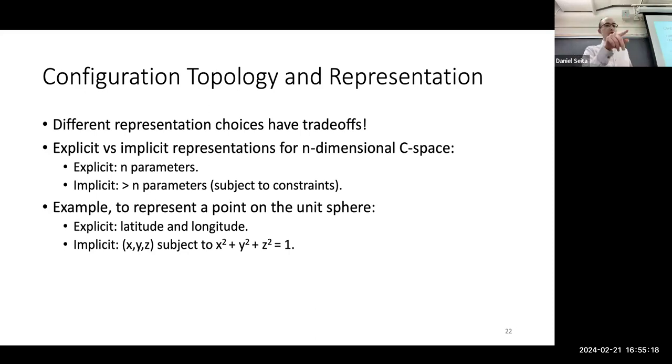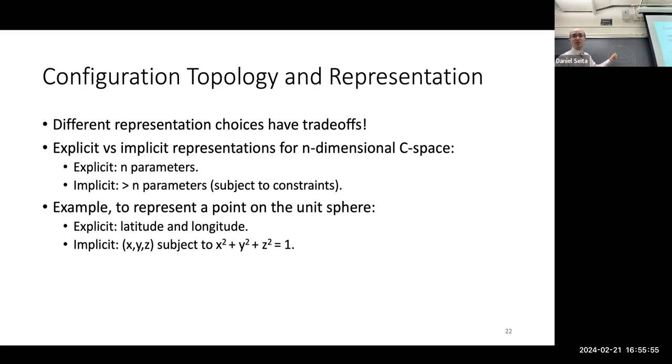So the real weakness of latitude and longitude is, maybe I can draw it out. Latitude is something like this. I don't want to call it height, but if you're looking at this, you can think of it as a height thing.